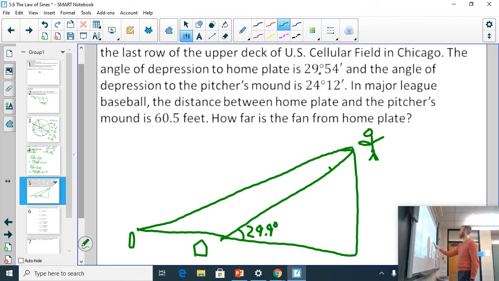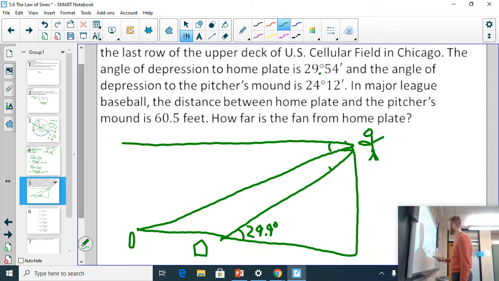And the angle of depression, I should do two ticks since it'll be different. It's going to be the same as this angle, right? And that's 24 degrees and 12 minutes, or I'm just going to convert that right away, and that's going to be 24.2 degrees.